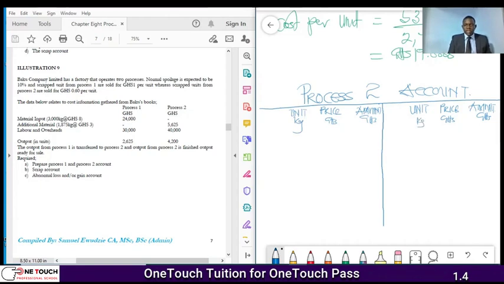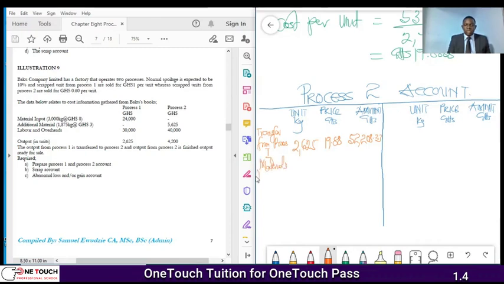So we say transfer from process one. The transfer from process one is 2,625 at a price of 19.88. That gave us 52,208.33. Okay, good.